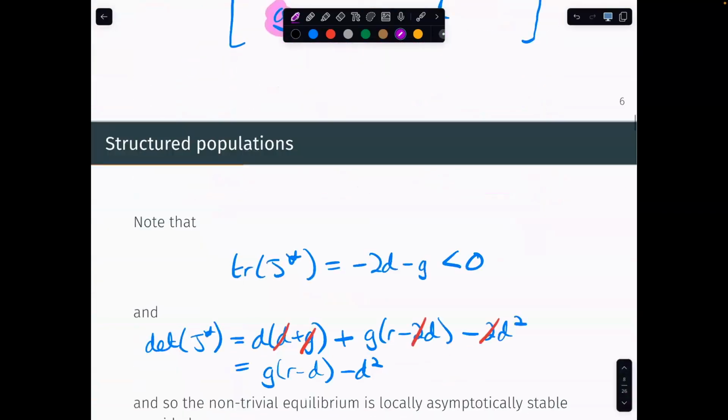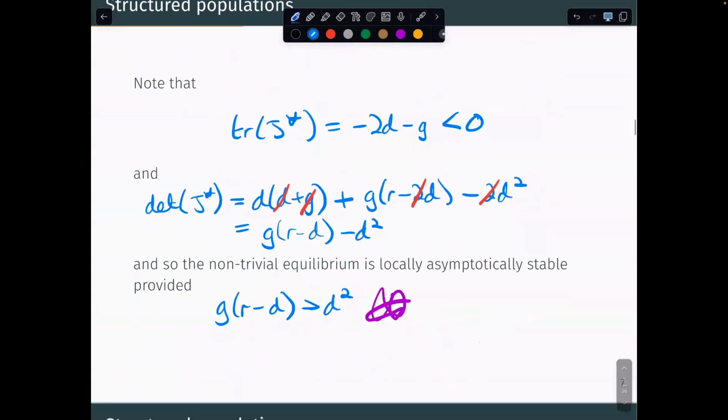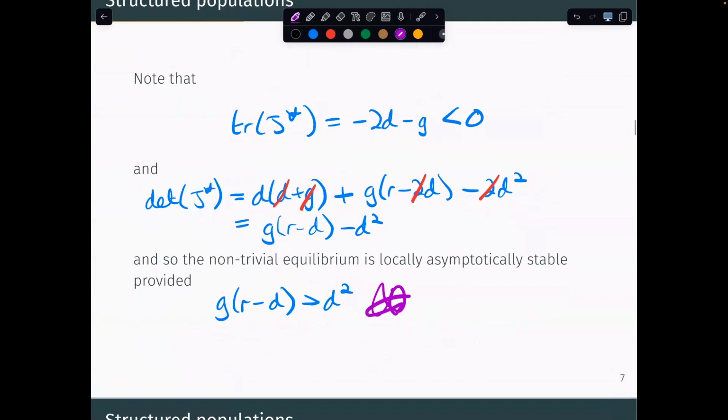Okay, so that basically means when the non-trivial equilibrium exists, it is locally asymptotically stable.